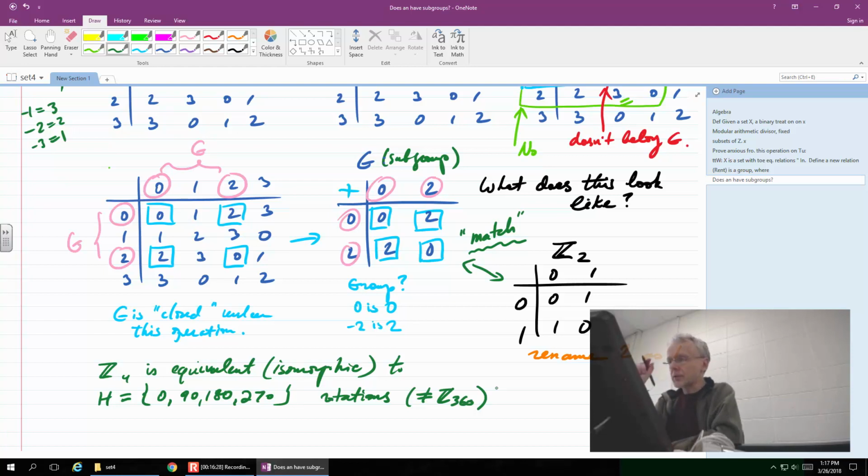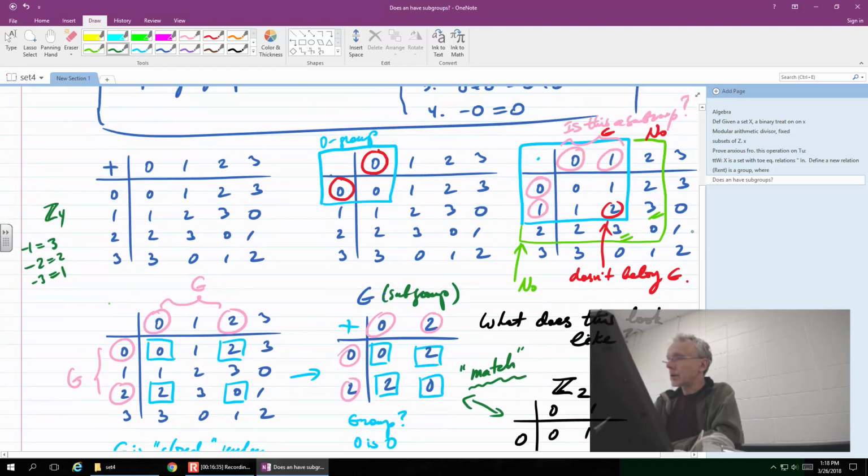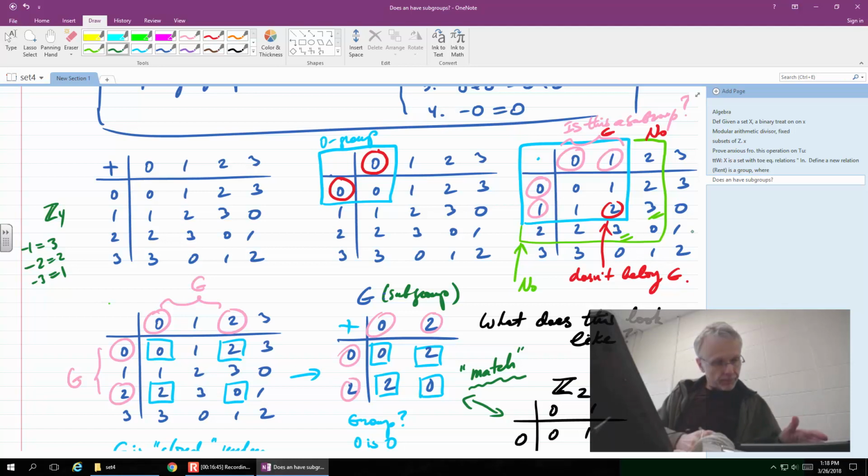The subgroups, back to subgroups, and there are more interesting groups, and they have more interesting subgroups. But first Z4.